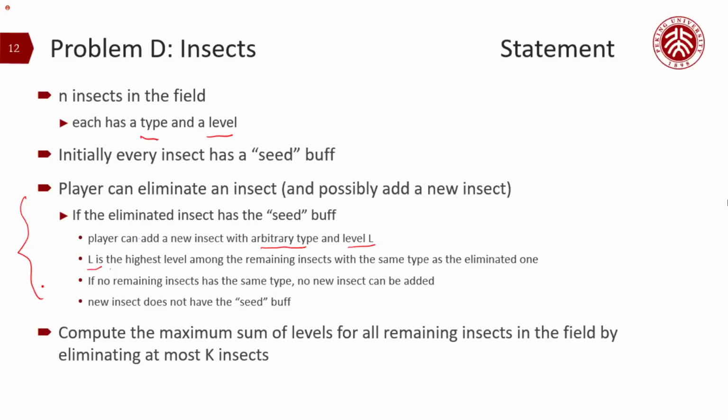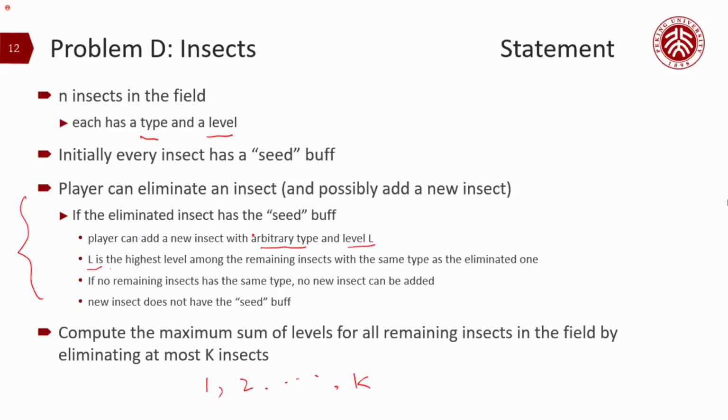The question asks you to compute the maximum sum of levels for all remaining insects in the field by eliminating at most k insects. So you need to compute the answer for 1, 2, and so on up to k, a sequence of results for the number of insects that we can eliminate at most. The purpose is that for the remaining insects on the field, we need to maximize the sum of levels.